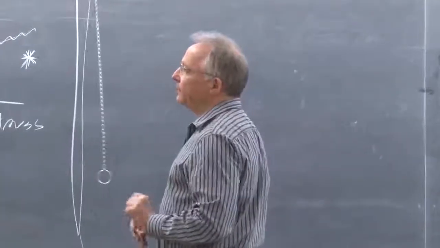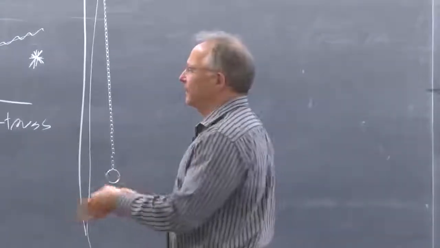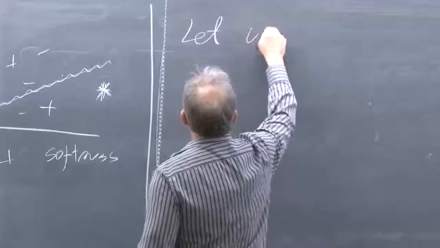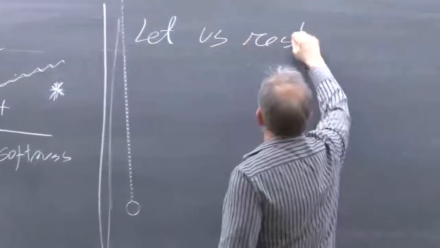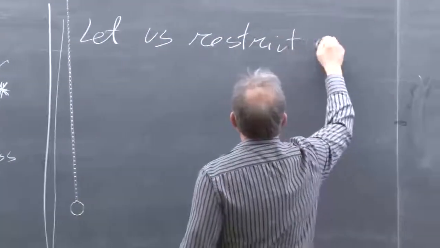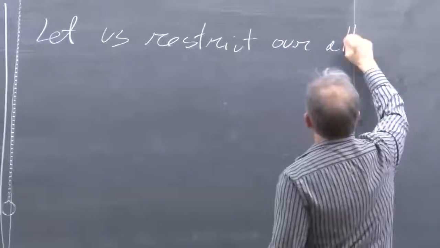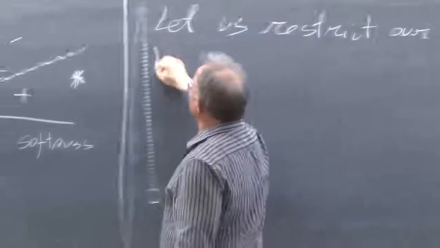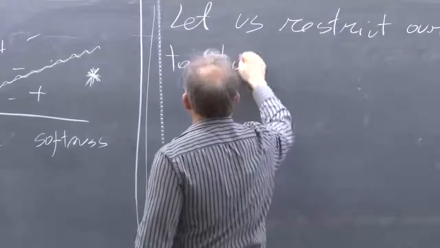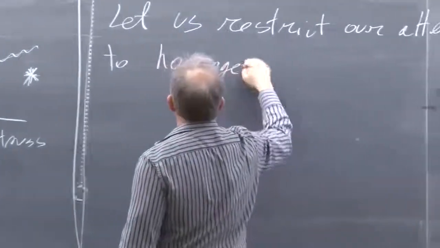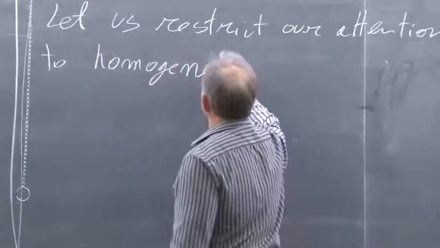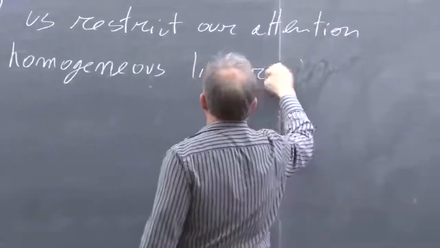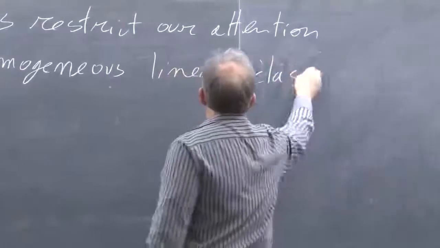To make things a little bit easier, and we will see that it doesn't really make a difference, let us restrict our attention to what we call homogeneous linear classifiers.